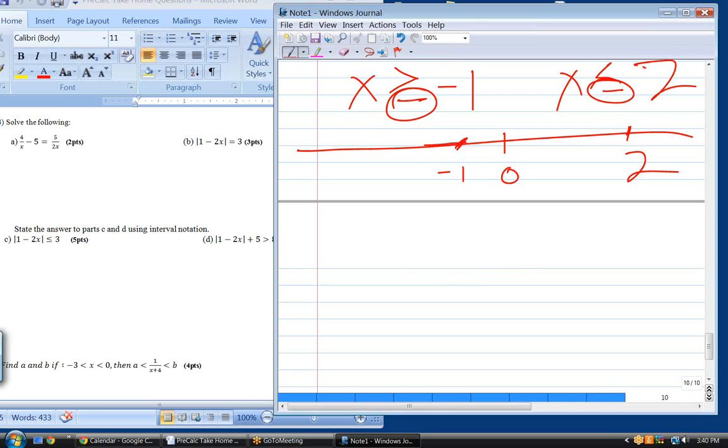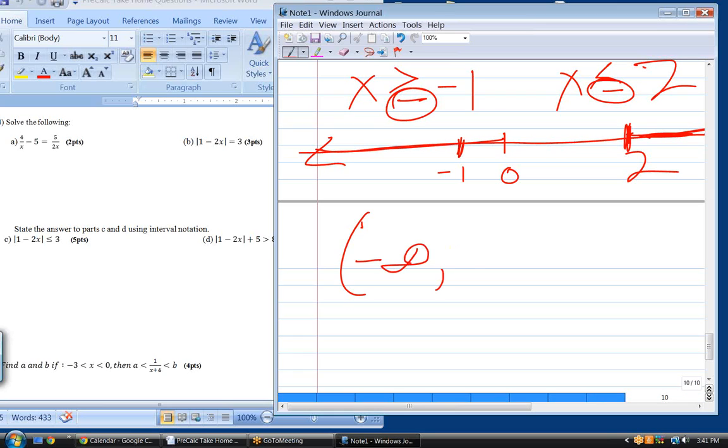Now let's look at a slight alteration of that just so I can explain it. Let's assume our answer was x is less than negative 1, excuse me, or greater than 2. Well, what would interval notation look like? It would be negative infinity to negative 1, with a bracket, in combination with bracket 2 to positive infinity.